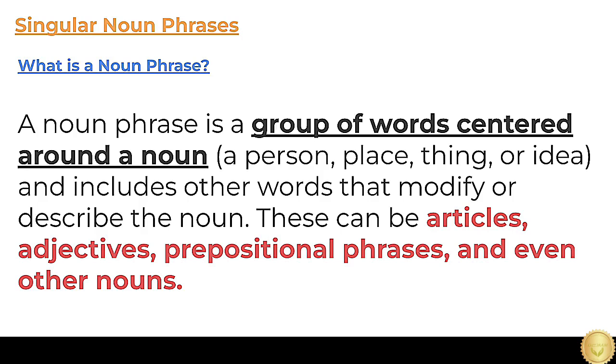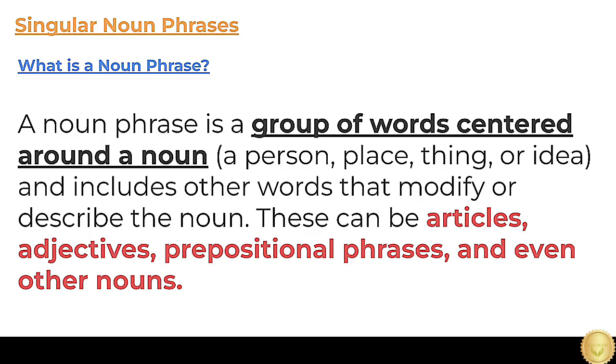So you can think of it almost like a play. You've got the main character, and then you've got the side characters and the stage, which help to bring everything together and highlights the main character a lot of the time. So these modifiers can be either articles, adjectives, prepositional phrases, and even other nouns.